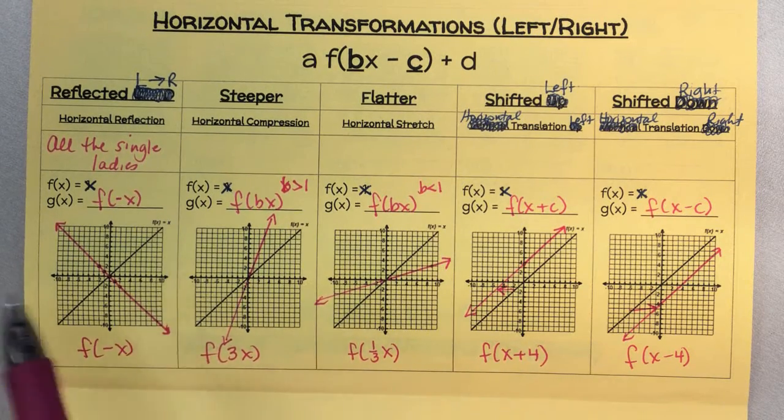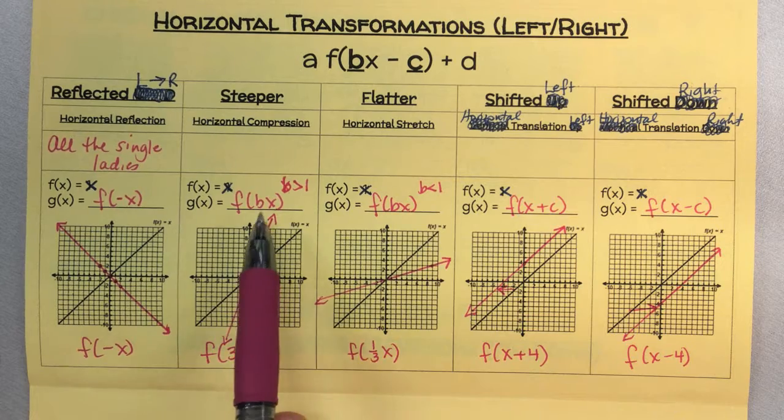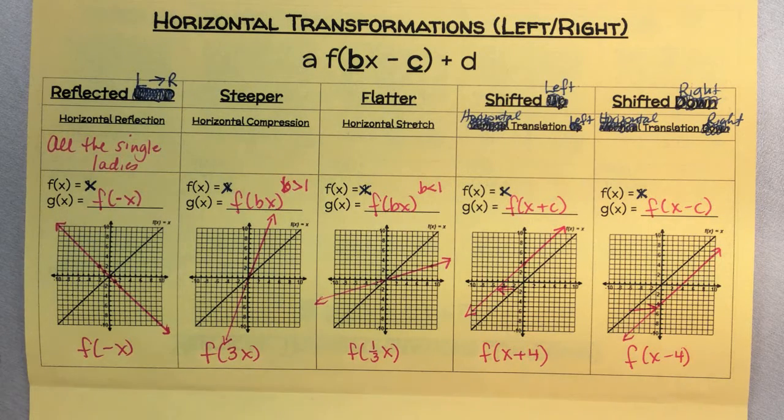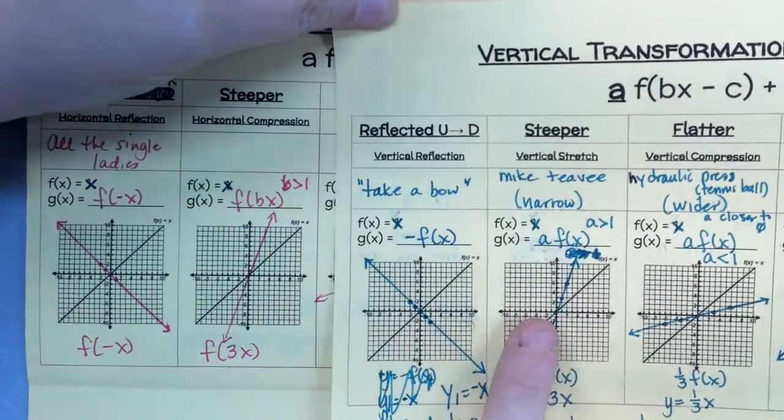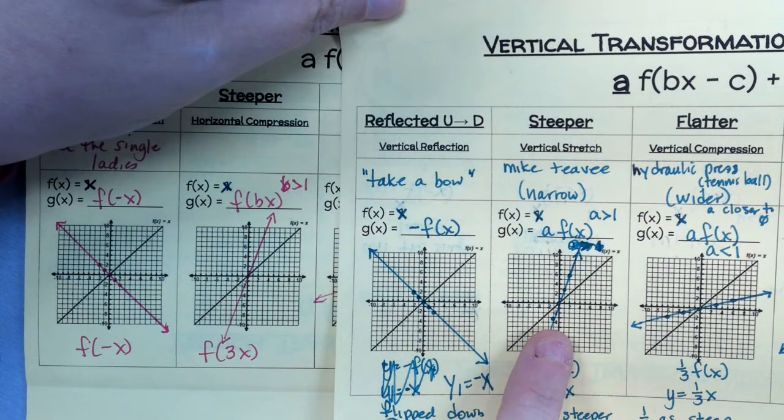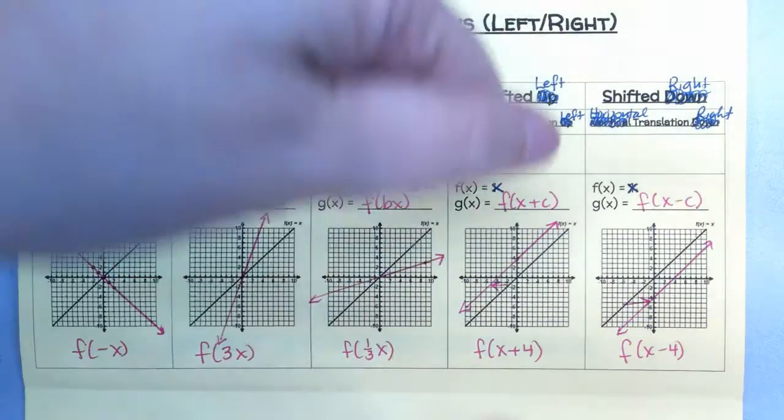Okay, so let's forget the reflection itself. F of bx, when b is bigger than 1. Y'all write that down. When we had a vertical, when a was bigger than 1, what happened to it? Well, it stretched, right?